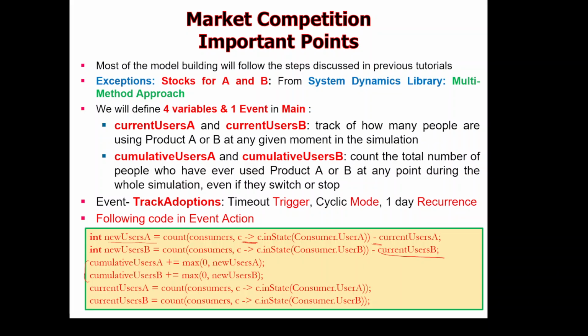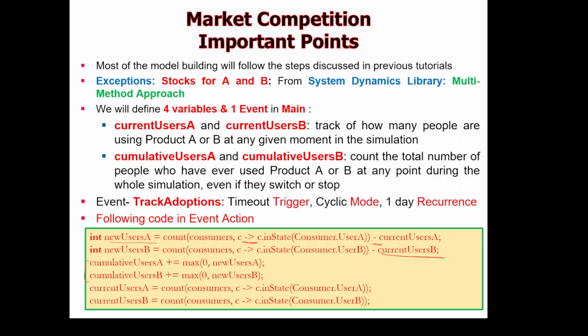Then we have the final thing, the current user A. What we are doing here is that finally we are updating current users A and B with the latest count of A users or B users. Why? Because the next day, tomorrow, we can calculate the next day's new users.